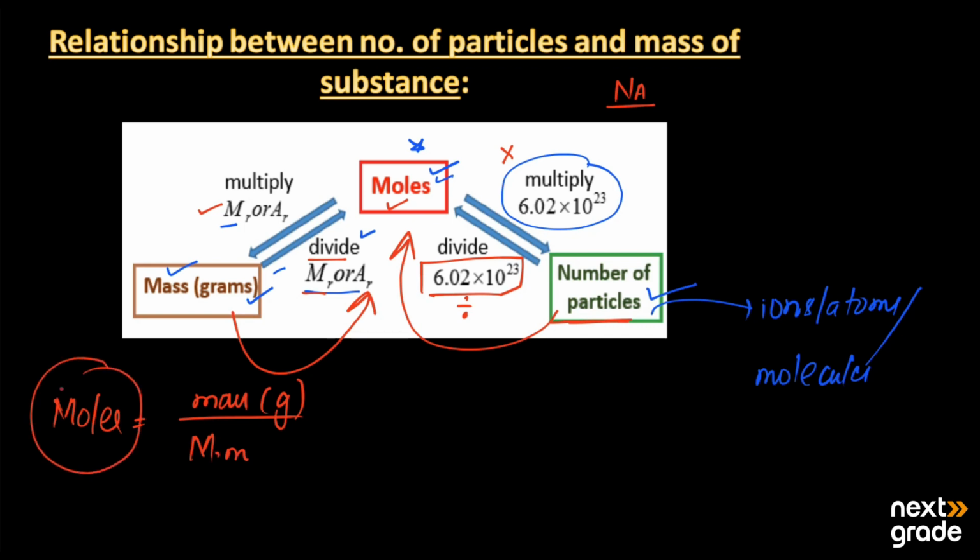And to find the number of moles from the number of particles, we simply divide the number of particles by Avogadro's number.